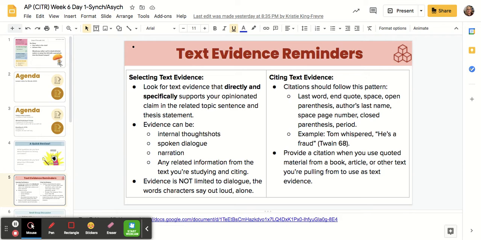There's nothing to do for this. I just figured it would be easier for me to put it in the speaker notes for you than for you to go digging for it yourself. So remember, we talked about citations for thought shots versus citations for dialogue, when to use an ellipsis, things like that. That is all here for you at your disposal.